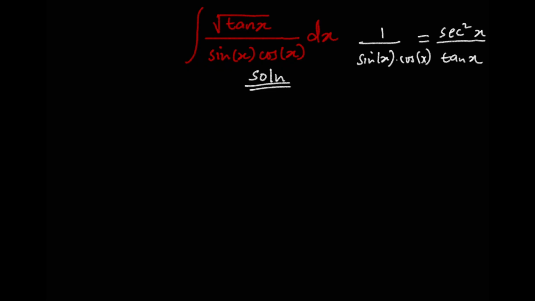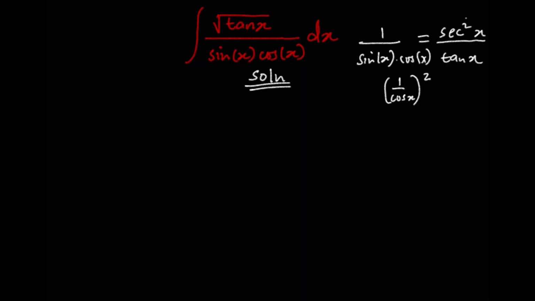For those of you who know what secant is, secant x is 1 divided by cosine x, isn't it? Let's prove this. Then we have 1 divided by cosine x, and we square it, secant square.